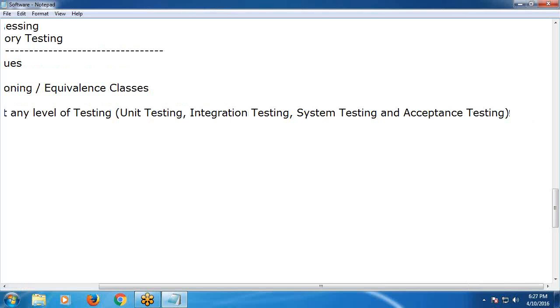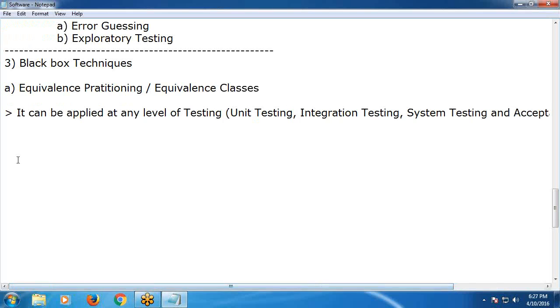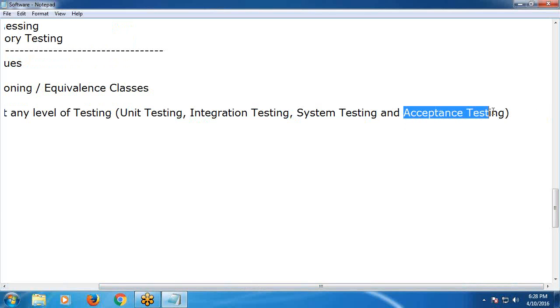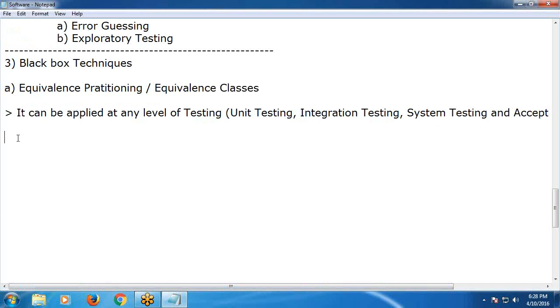In which is our area? Unit, integration, system or acceptance testing? System testing. As an independent tester, your area is system testing. Usually developers conduct unit and integration testing, and end users conduct acceptance testing. So there are 4 levels of testing, but testers vary from one level to another.